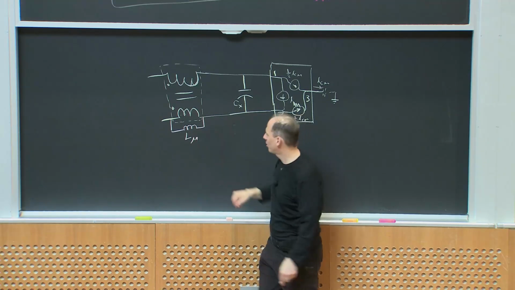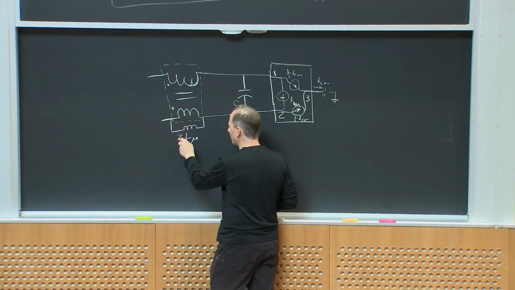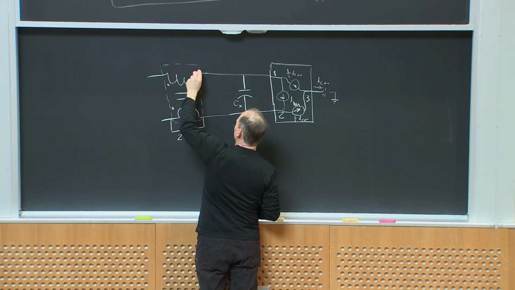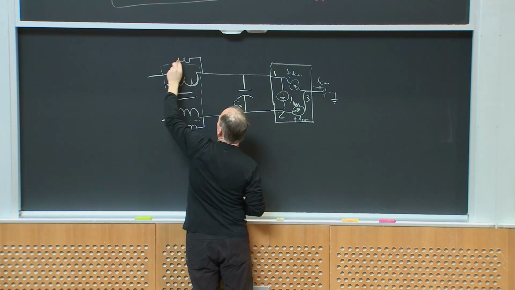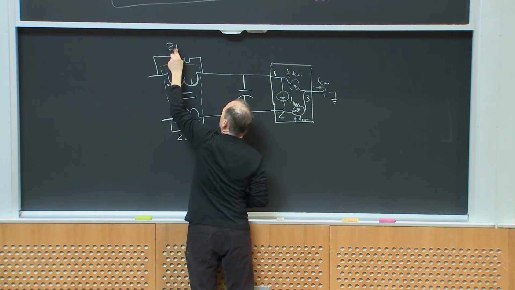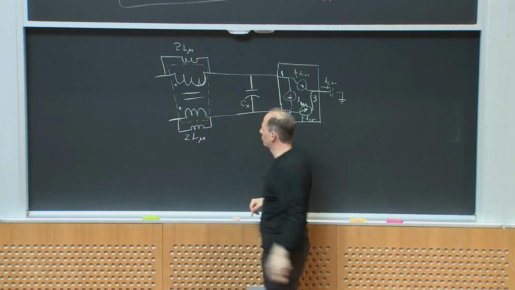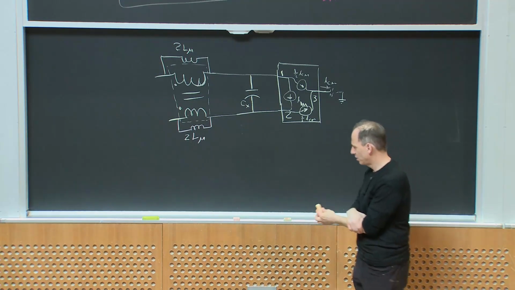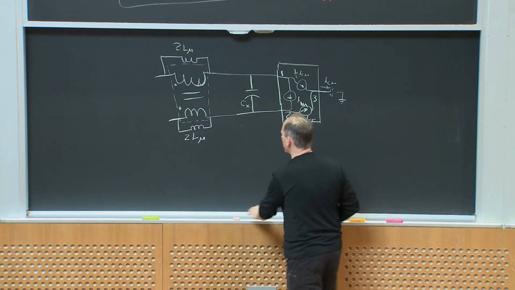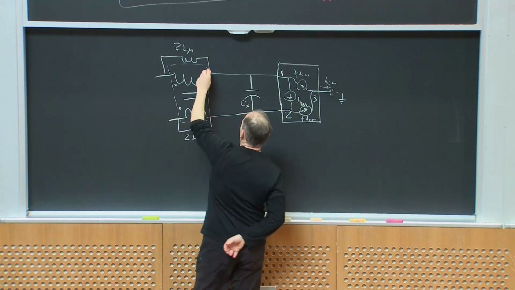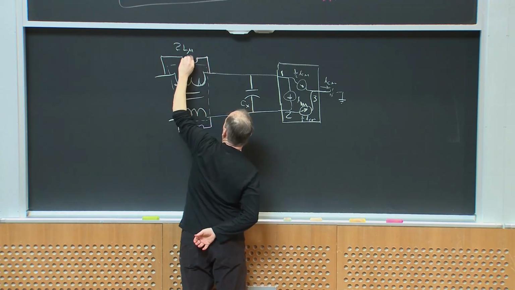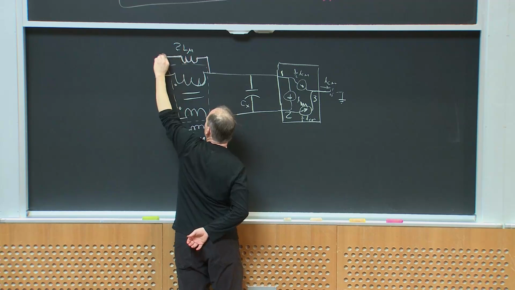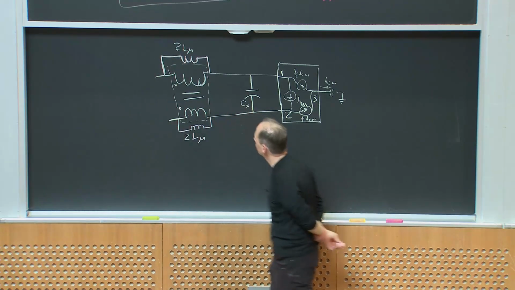So another way I could write this is I could put 2L mu on this side, and to make it symmetric, I could put 2L mu on the other side of the transformer. Okay, so I have some magnetizing inductance on each side, and I'm intending to draw this in pink, although I'm not sure you can see the difference, just to illustrate that these are parasitic components.